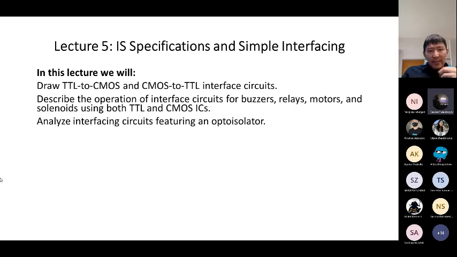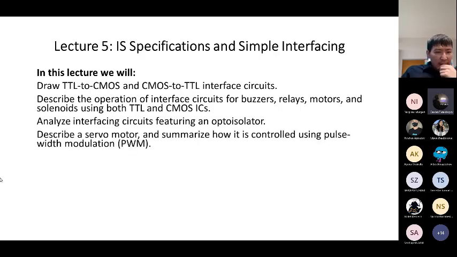And analyze an interfacing circuit featuring an opto-isolator. So we consider an interesting device called an opto-isolator. Actually, it works like a relay, but it's a little bit different. So we'll understand what an opto-isolator is. Also, we'll describe a servo motor and summarize how it's controlled using pulse width modulation.